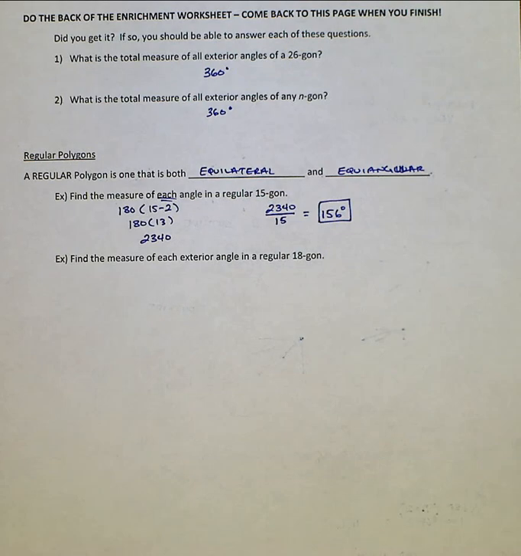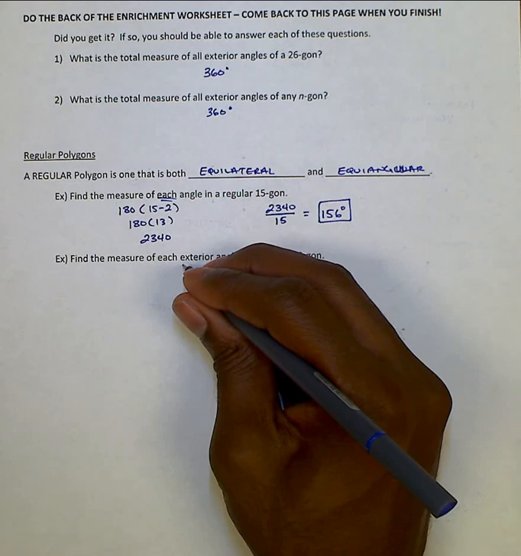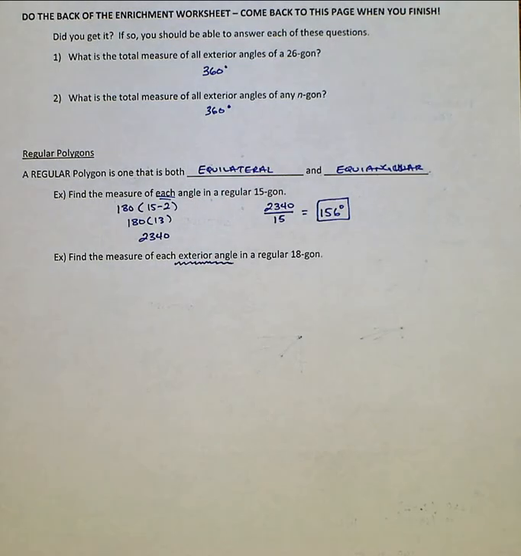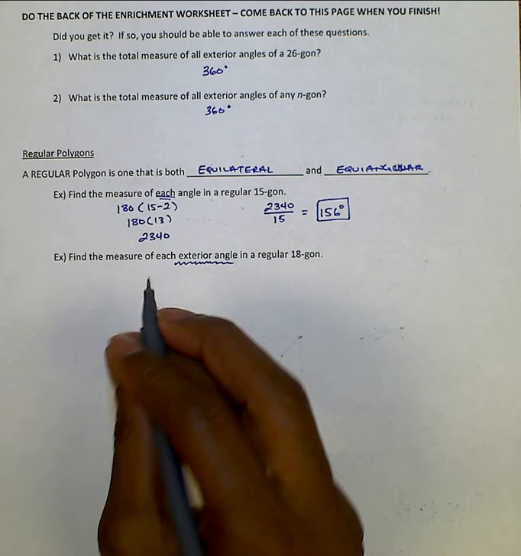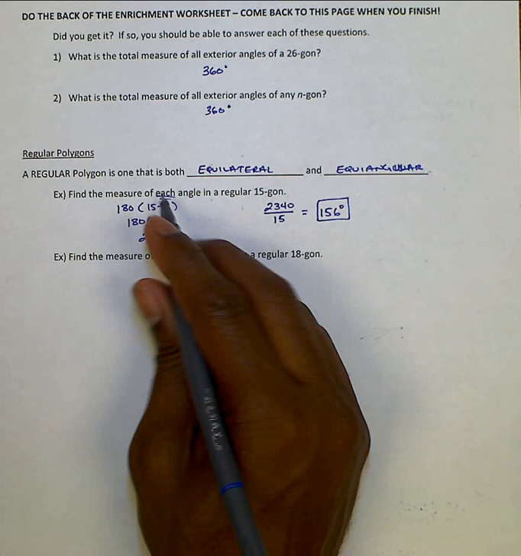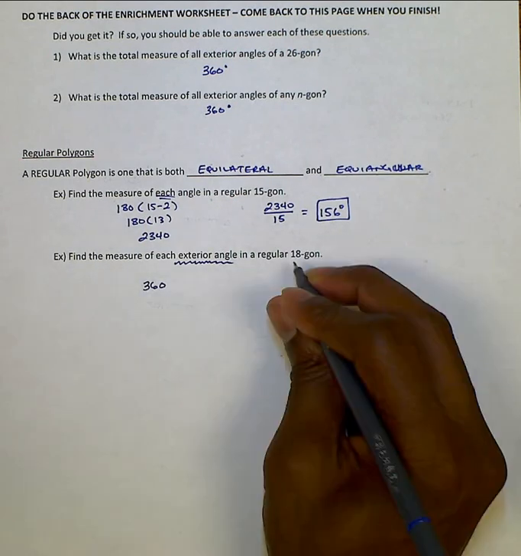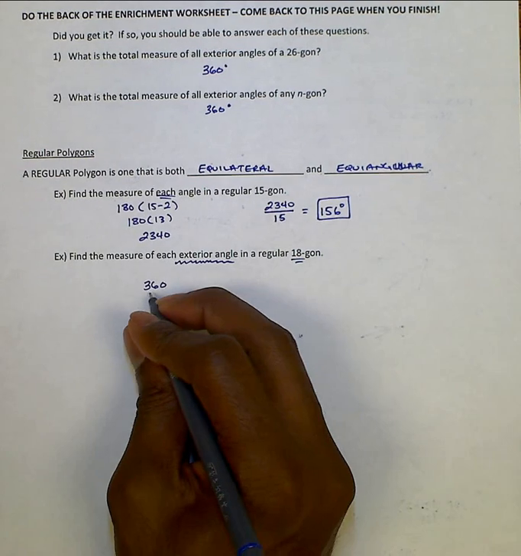All right. Second question says find the measure of each exterior angle in a regular 18-gon. Important now that we're talking about exterior angles. What do we know about exterior angles? We know that they always add up to 360. So we don't have to do anything to figure that out. It's just 360. And then they told us that it was an 18-gon, which means that it has 18 sides.